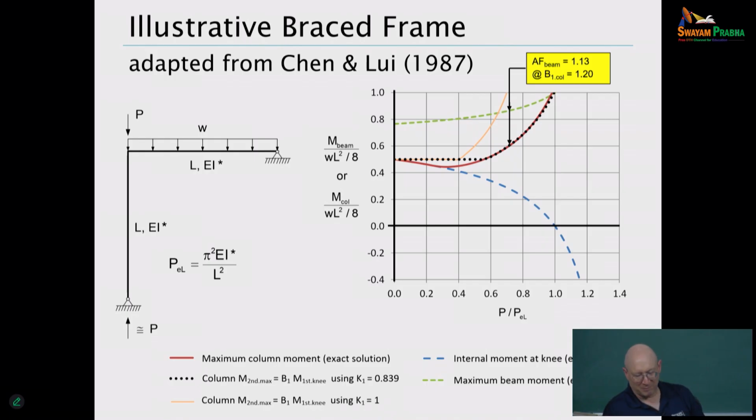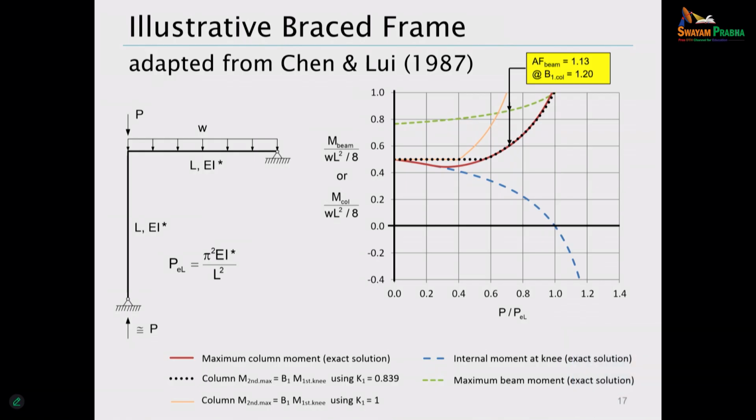The red curve, for starters, is basically a rigorous theoretical solution, basically Euler-Bernoulli beam theory, so this is what we would get in terms of a second order maximum column moment. And notice that if you look at the horizontal axis of the plot, P divided by P_EL, if P is equal to 0, we've got our first order solution.